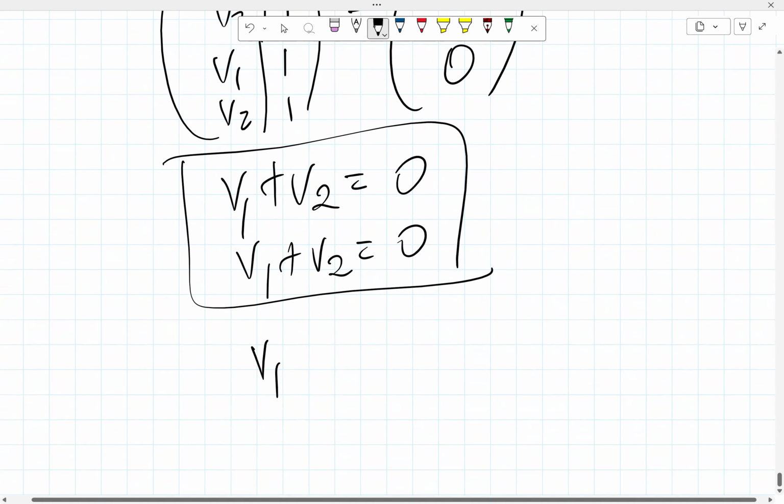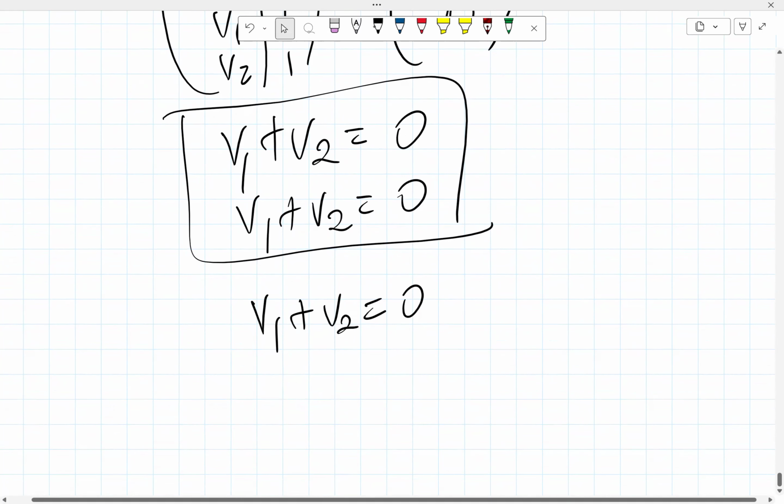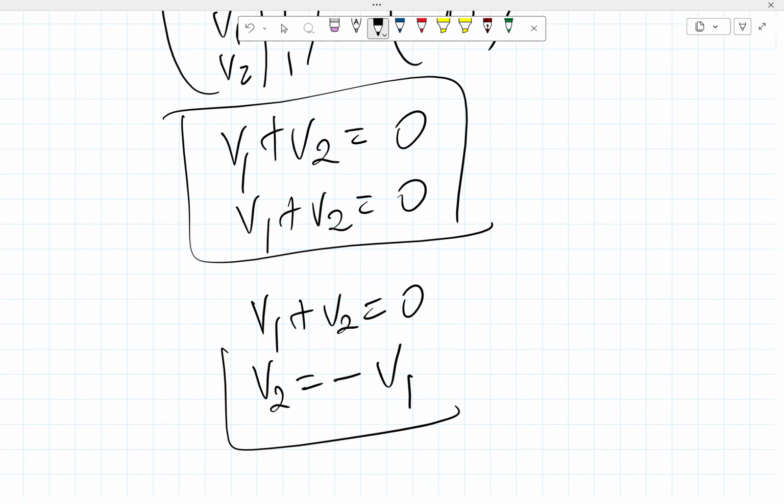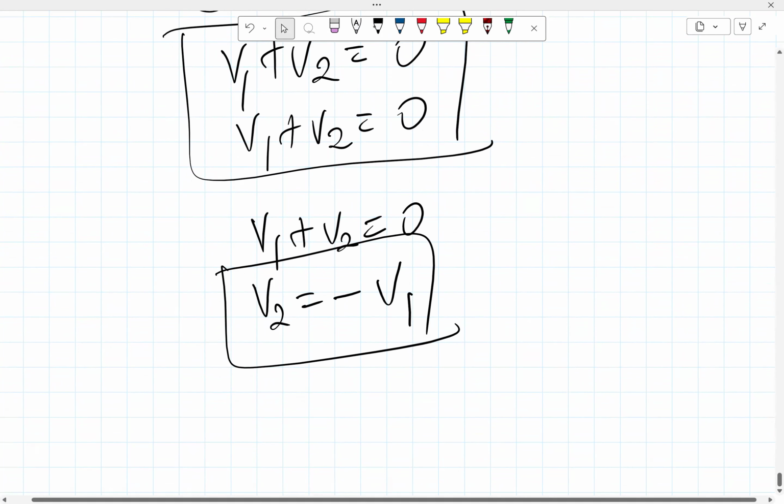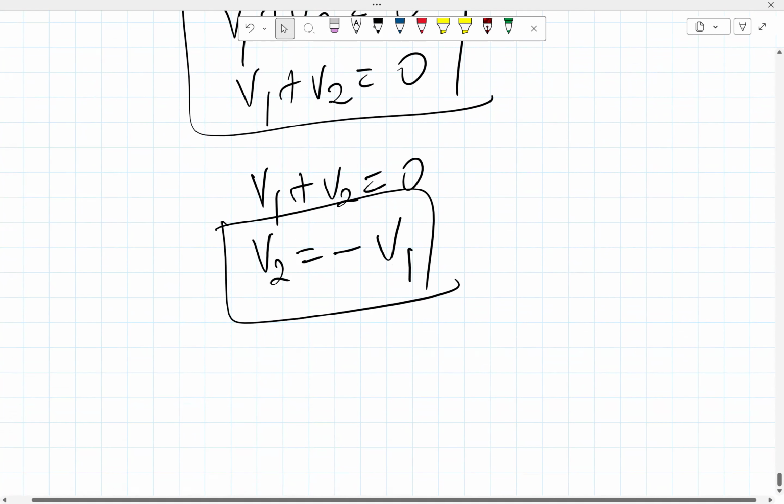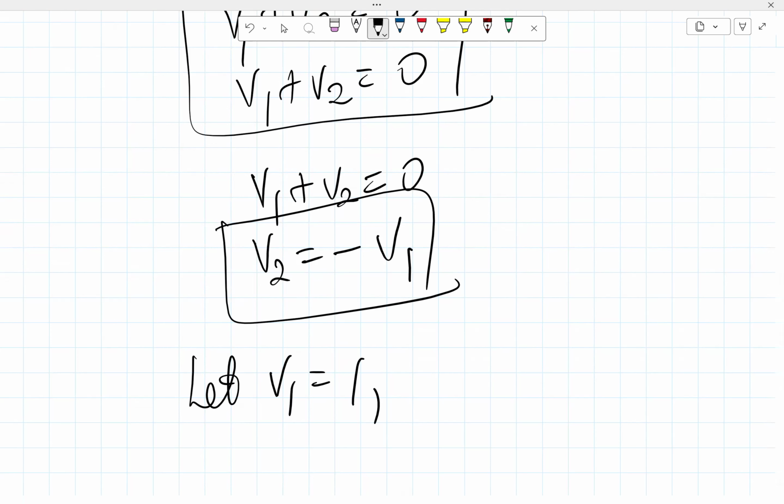So v1 plus v2 equals 0 simply means that v2 is equal to minus v1, and so you have infinitely many solutions. So you can just choose. If you let v1 be equal to 1, automatically v2 will be equal to minus 1.